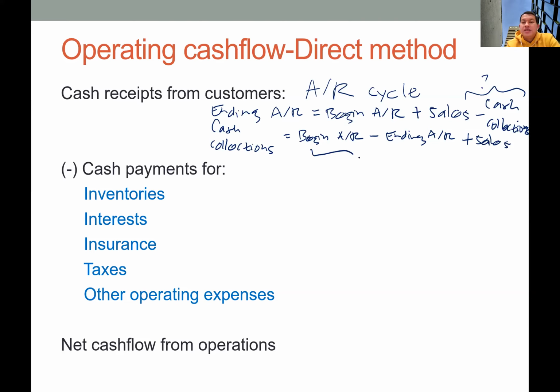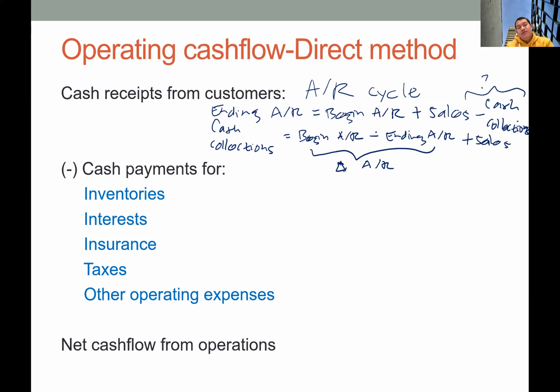This is basically the change in account receivable: beginning balance minus ending balance, and then plus sales. So this is the most logical way to calculate the cash collection from customers.